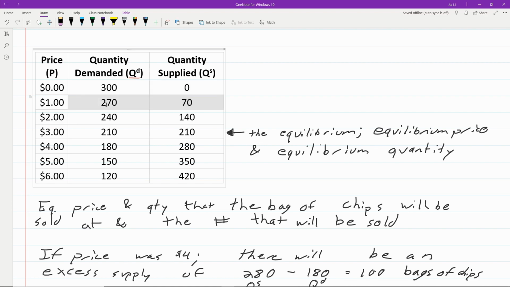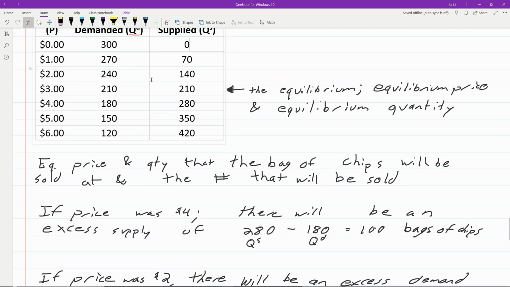So the excess demand actually gets bigger when they lower the price, from 100 excess demand to 200 now, right? 270 minus 70. Same thing if the price went down to 0, which of course, at that point the store wouldn't want to sell any because that just means they'd be giving away the bags of chips for free, which is not typically how you earn a profit while running a business.